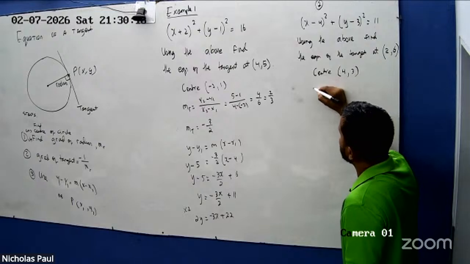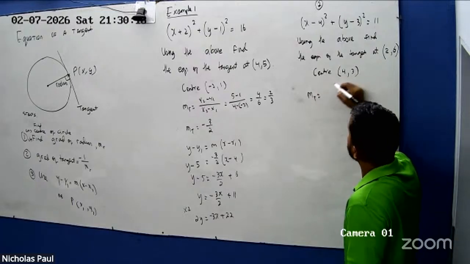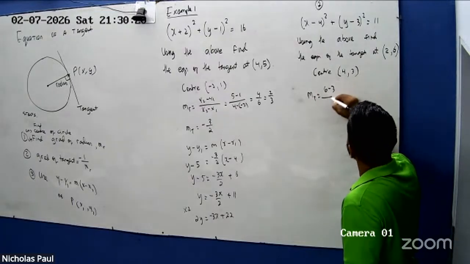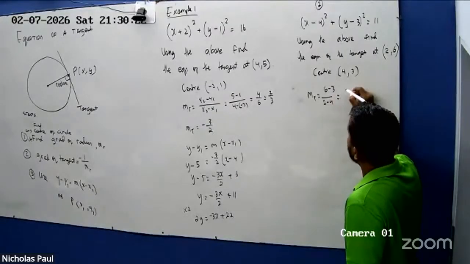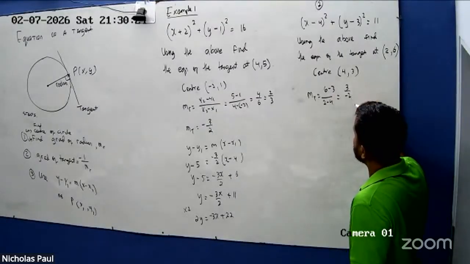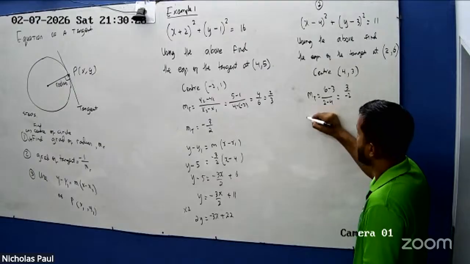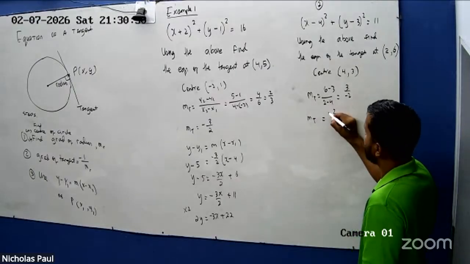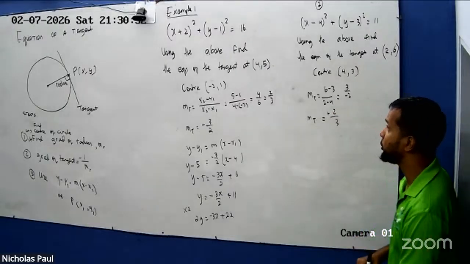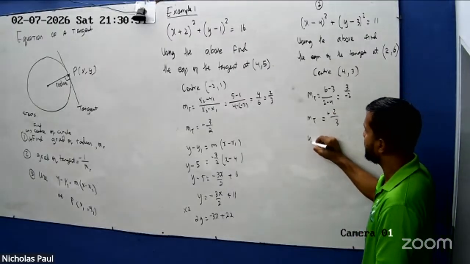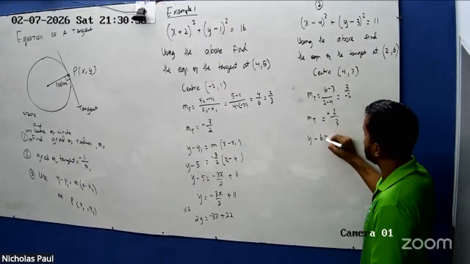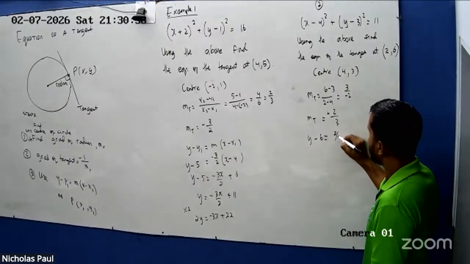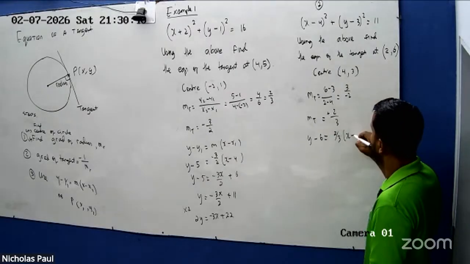So the gradient of the radius, that'll be 6 minus 3 over 2 minus 4. I got 3 over -2. You all got that? Gradient of the tangent, flip it over, and then change the sign. So it's plus 2 over 3. And then use y minus y1 is gradient times x minus x1.